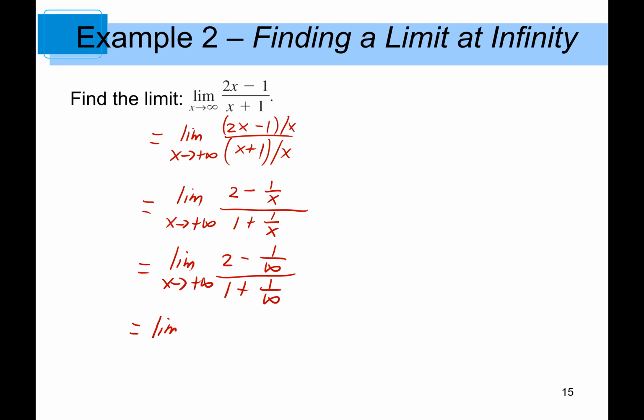Any number divided by infinity will become 0. So the numerator becomes 2 minus 0, and the denominator becomes 1 plus 0. It becomes the limit as x approaches positive infinity of 2 over 1, and the limit of a constant is a constant.